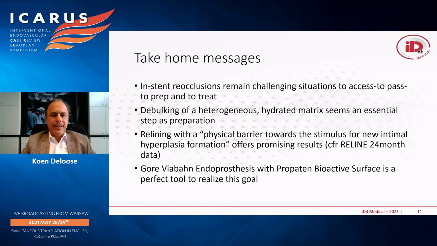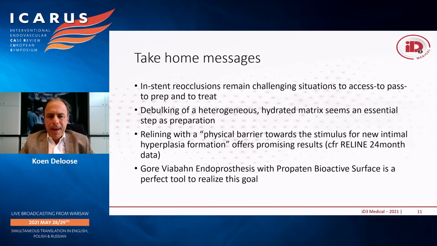So the take-home messages, in my opinion, here are: in-stent reocclusions remain challenging situations to access, to pass, to prep, and to treat these kind of lesions. Debulking of a heterogeneous hydrated matrix seems an essential step as a preparing tool.